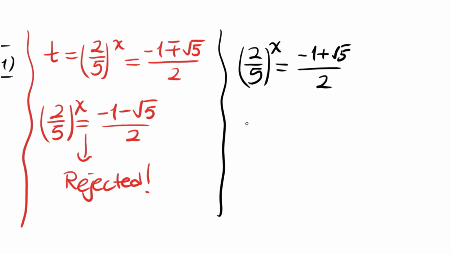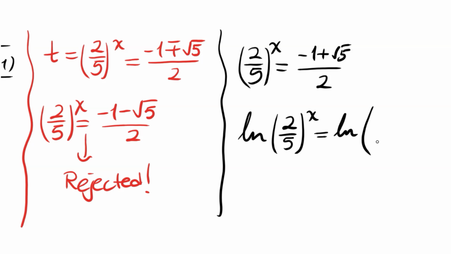This is positive. So taking ln of both sides, we will have ln of 2 over 5 to the power of x is equal to ln of root 5 minus 1 over 2.